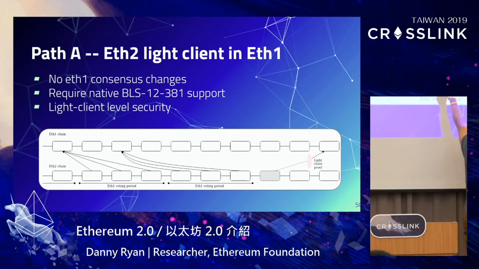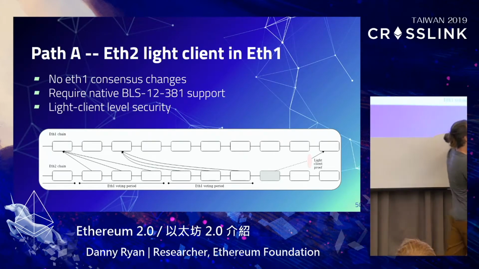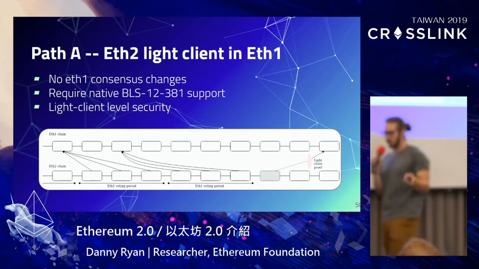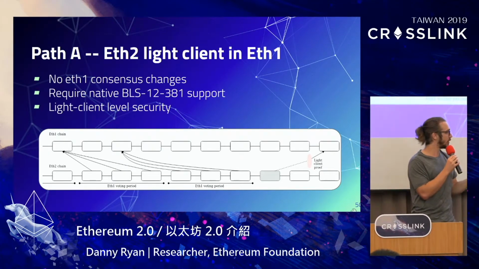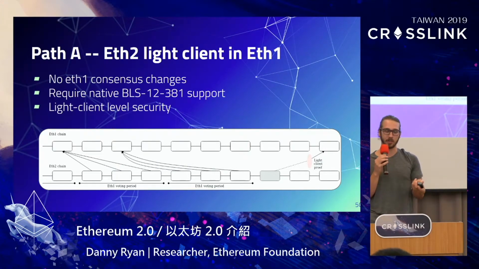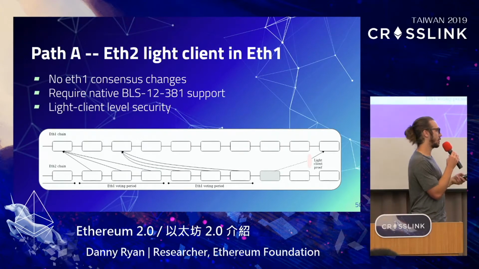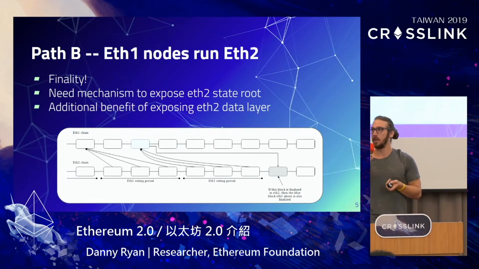We have these ETH1 voting periods on ETH2 where we facilitate ETH1 deposits into ETH2, but then we'd also have light client proofs about finality in ETH2 that go into ETH1. Once you've proven that something was finalized on ETH2, you could consume receipts about transfers and have withdrawals on ETH1. Again, this requires some hard forking coordination on ETH1, which is difficult at times, so this is probably not the most likely path.